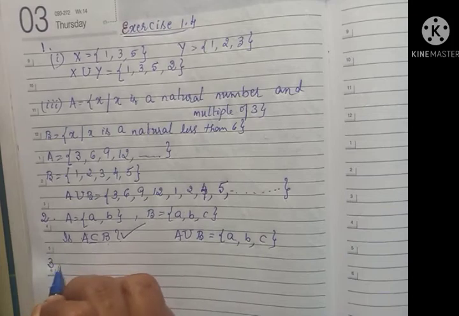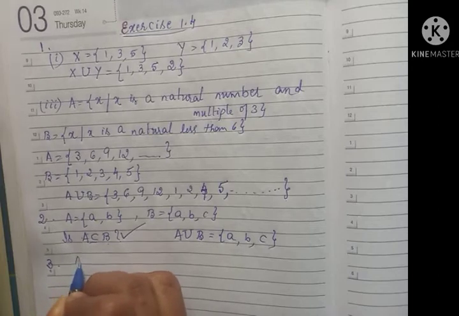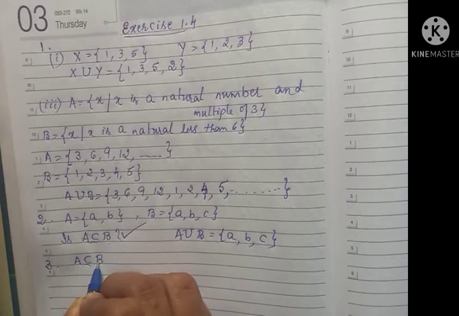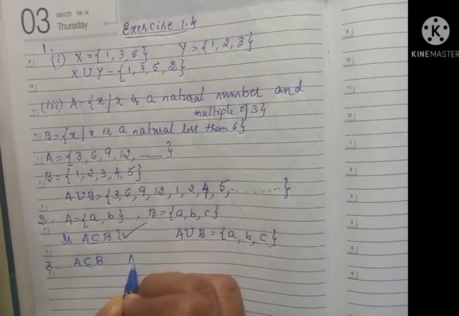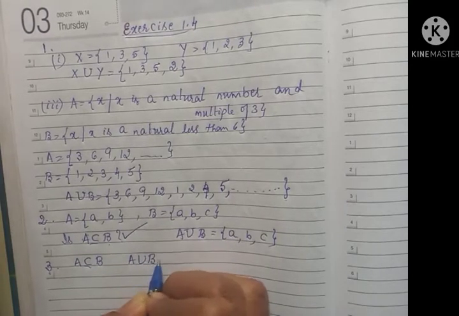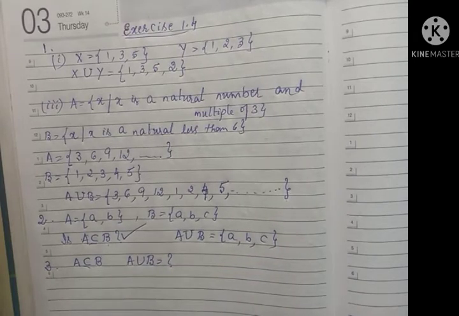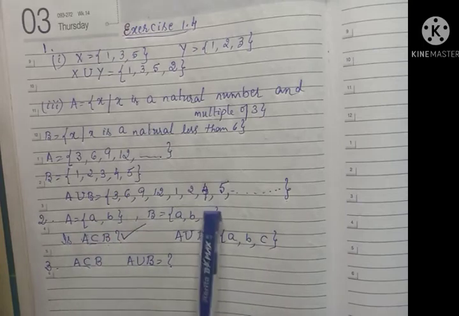Then the third question: if A and B are two sets such that A is a subset of B, then what is A union B? Generally I have to prove this. In the previous example, they had given two sets.